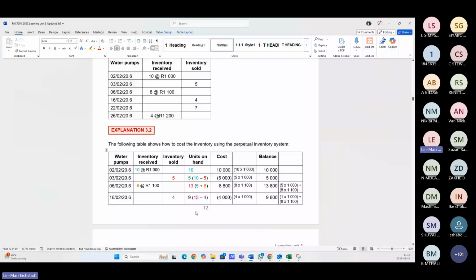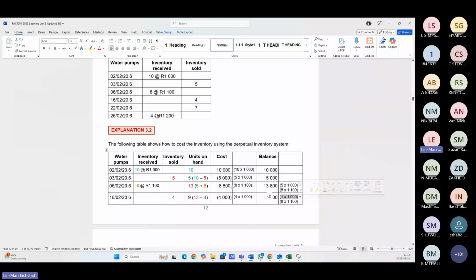So we had said that the inventory purchased first is what we see as sold first. So because we still had 5 units left of our original inventory purchased at 1,000, this 4 units sold would also be valued at 1,000. So at the end of our period, we would only have 1 unit left of the original 10.